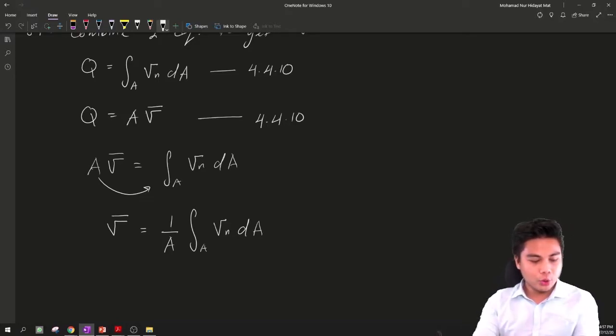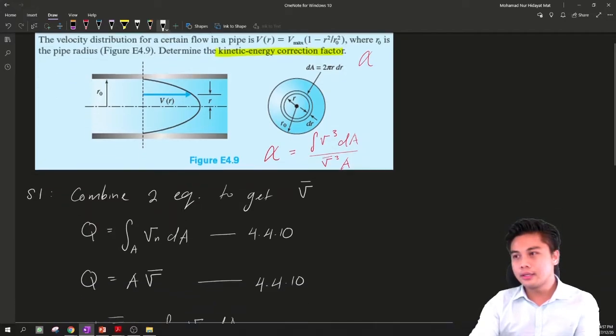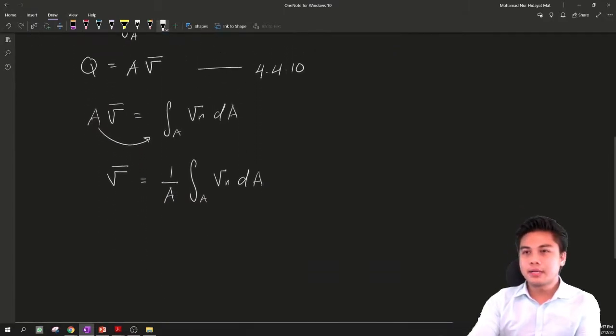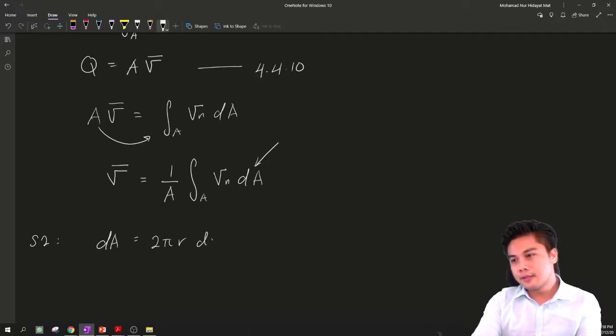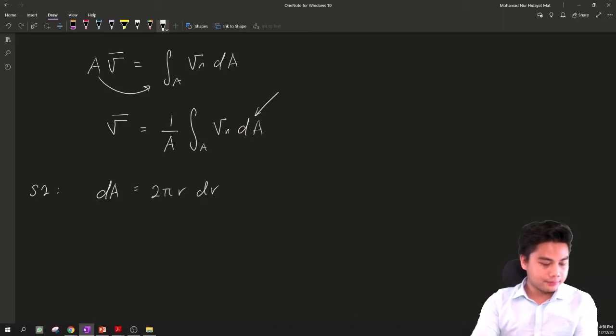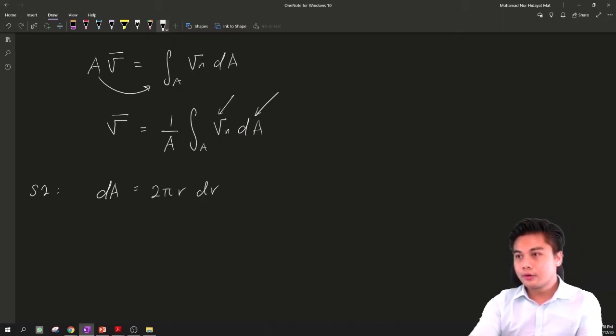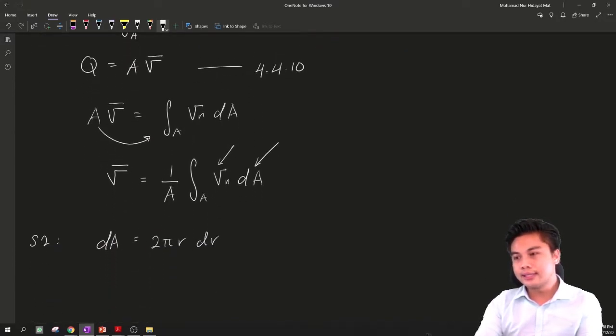Right? So in order to get the area, it is given that the small differential area dA is equal to 2 pi r dr. So step number 2, given here is dA, which we're gonna replace here, equal to 2 pi r dr. And here the velocity is changing with respect to area, in this case radius.